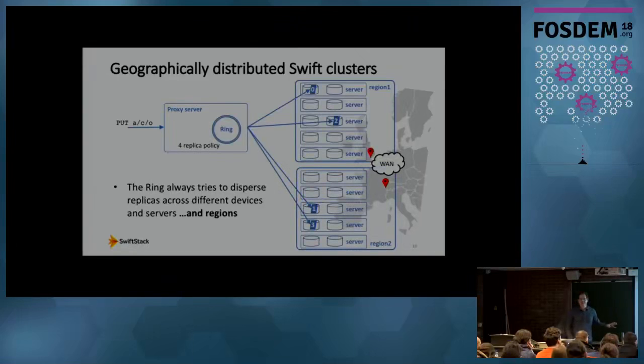In Swift, every device in the storage pool is annotated with some metadata, and the metadata associates it with a server and also associates it with a region. So in the same way that the ring was always trying to disperse replicas of an object across disks and across servers, the same principle is extended to include regions. The ring just inherently works to disperse our object replicas across these multiple regions.